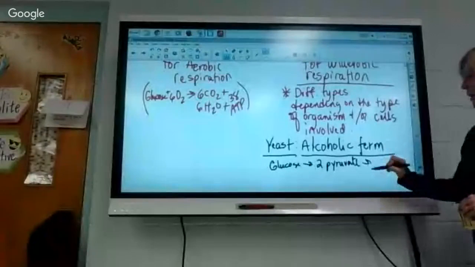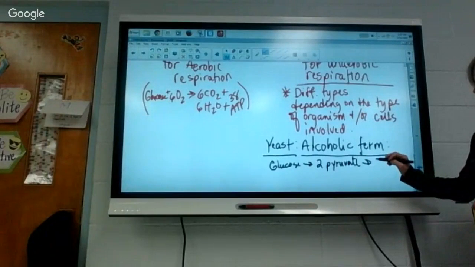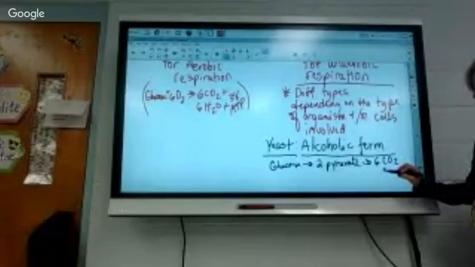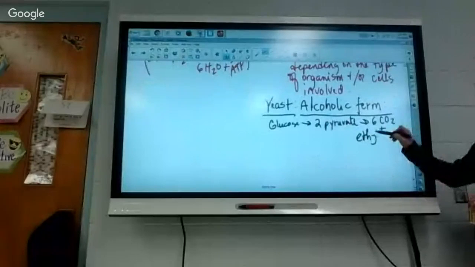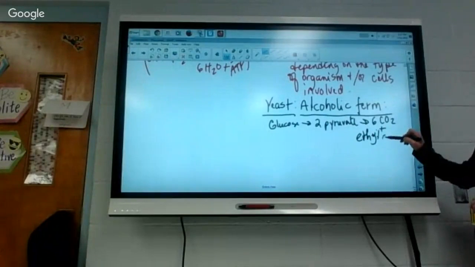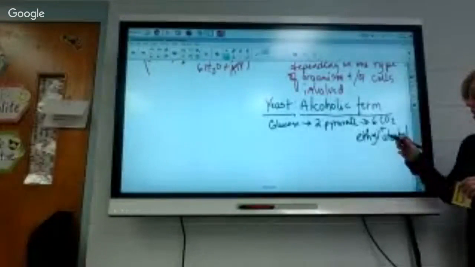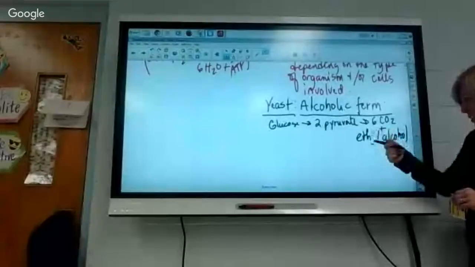And what it's going to make from glucose is carbon dioxide and ethyl alcohol. And there's different types of alcohols that will be made too. But ethyl alcohol is what can be drunk.